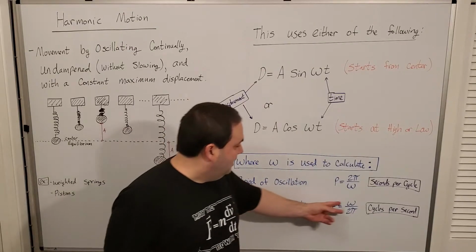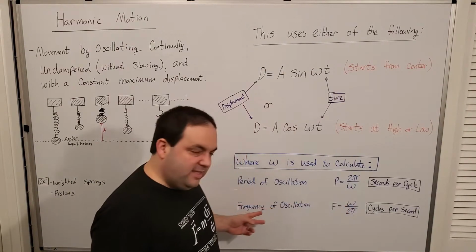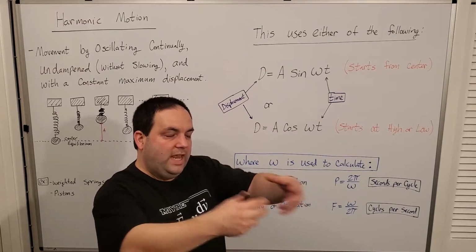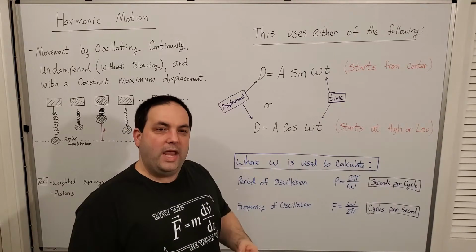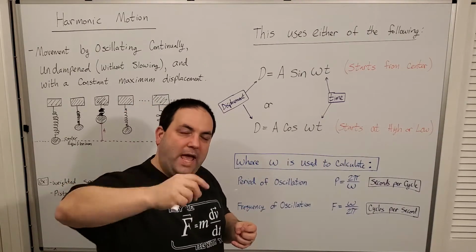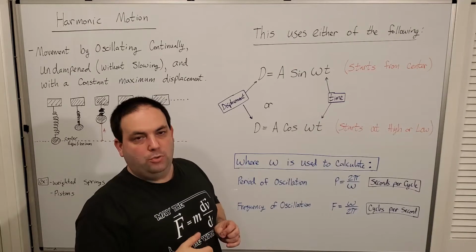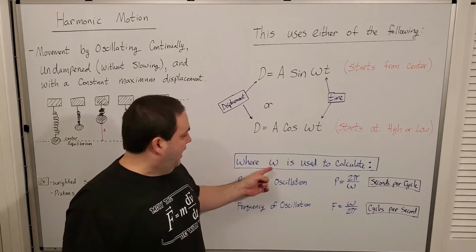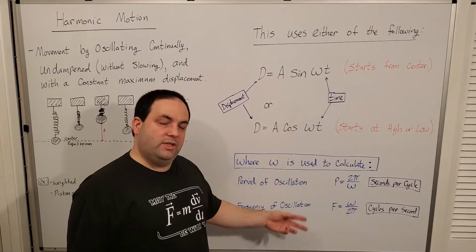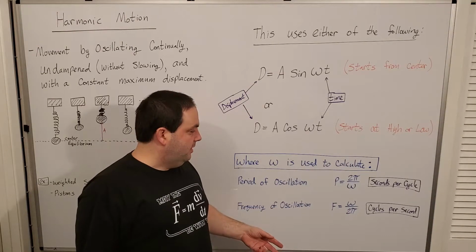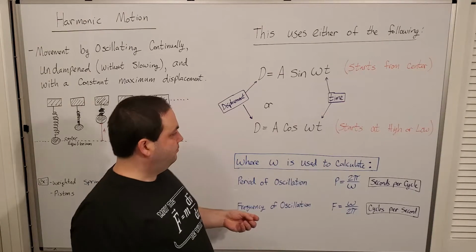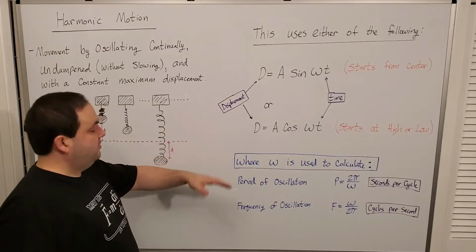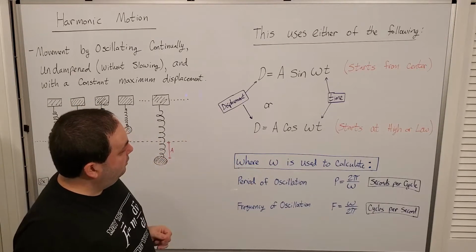So that's an actual physical calculation that can be used in anything that has this kind of wave motion, any kind of repetitive oscillating motion. And that omega calculates both of those, the period and the frequency of the oscillation. So that's very important to what we'll be calculating.